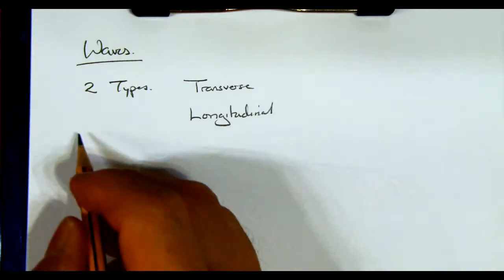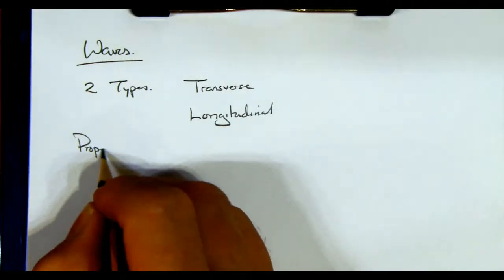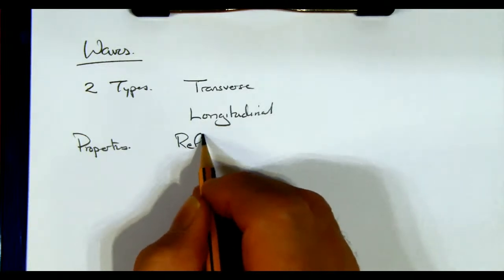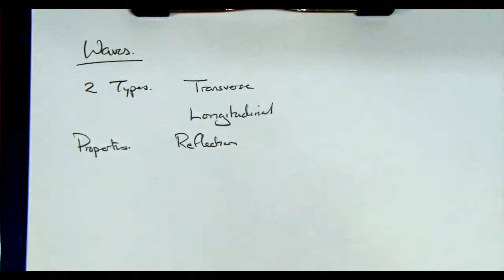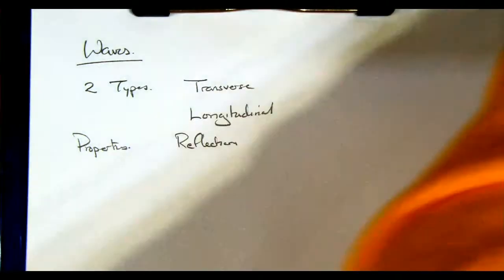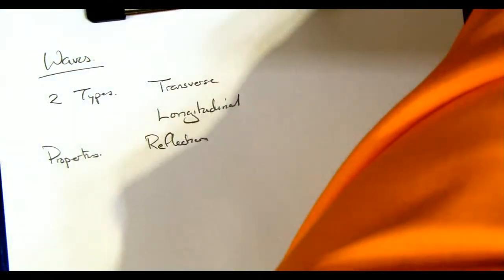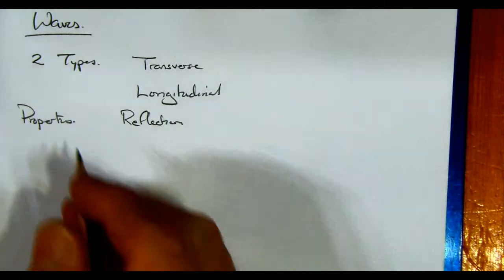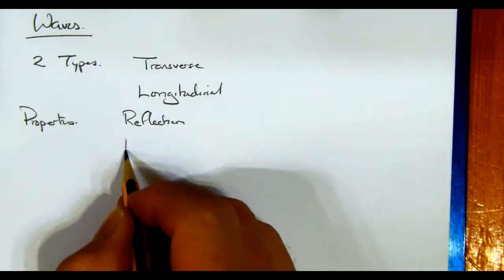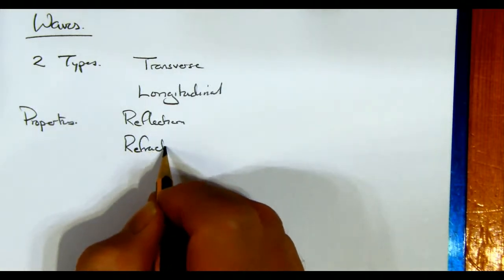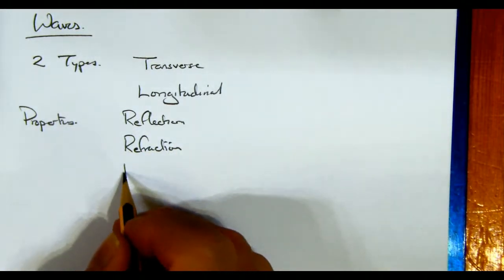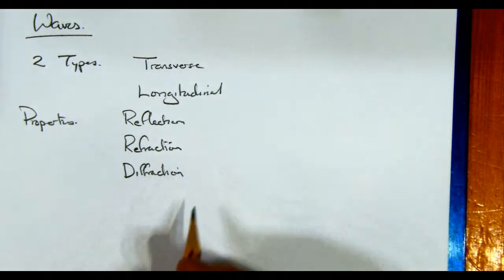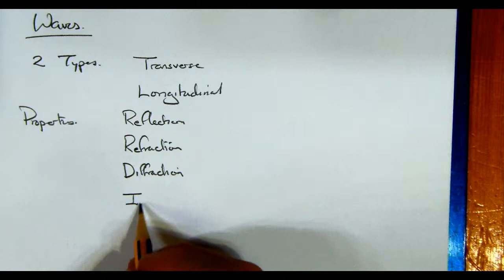We've got then properties of the waves: reflection, and the important bit about this reflection, just stopping something banging, this reflection, refraction, the spreading out, diffraction, and the waves interfering.